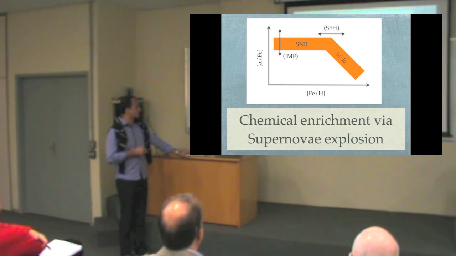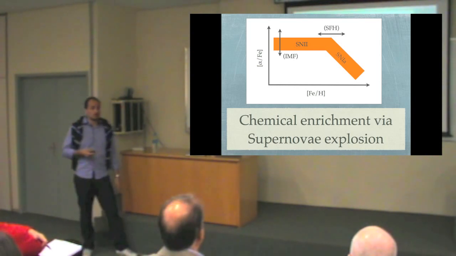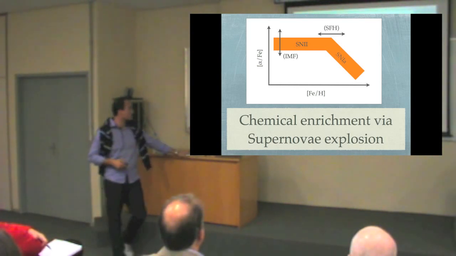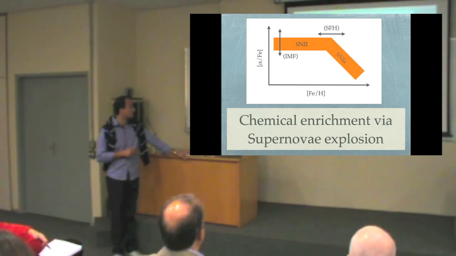We have iron metallicity and alpha over iron, and here we use magnesium. So in the beginning, type 2 supernovae explode the massive stars and release some alpha elements, and you have a fixed ratio of alpha over iron.